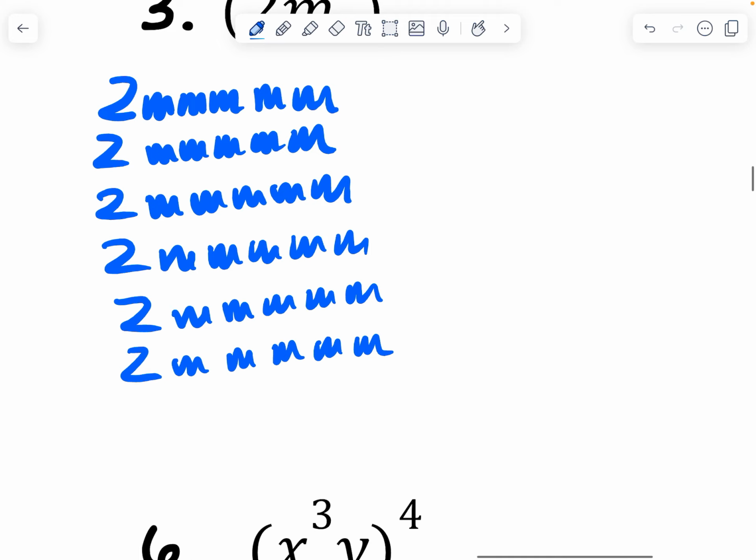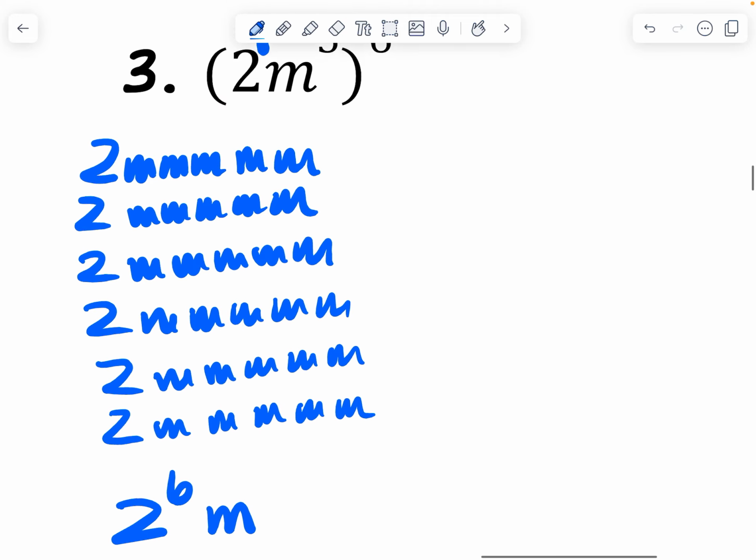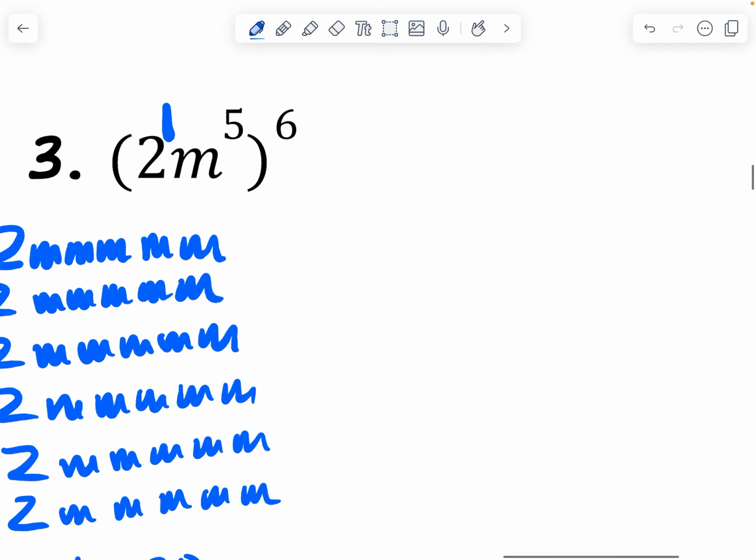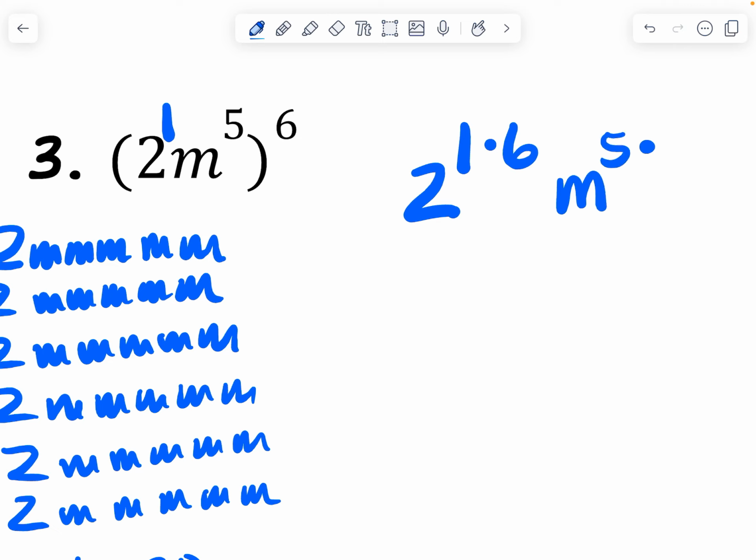Okay, so how many 2's do I have? I have 6. How many m's do I have? I have 30. Okay, or I could have done it the rule way. I take the exponent of 1, I multiply my exponents. The exponent of 5, and I multiply by the 6. So I get 2 to the 6th, m to the 30th.